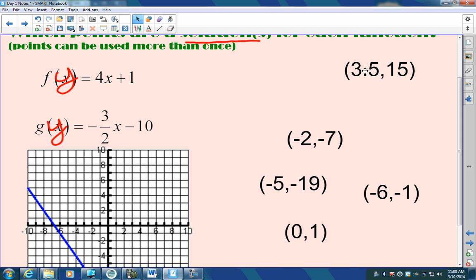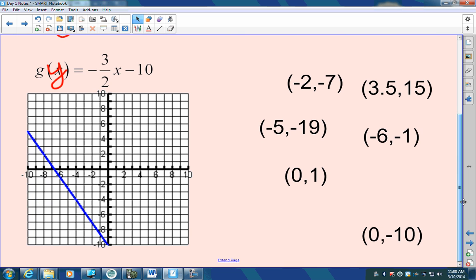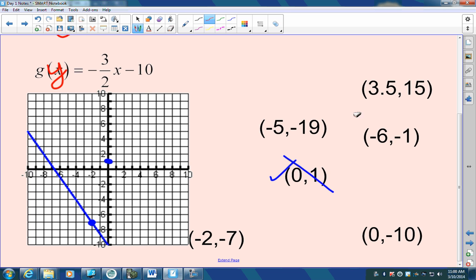If we had the graph, I would go over here to the graph, and, for example, if I want to check (0, 1), (0, 1) is right here. Is that dot on this line? No. So that would not be a solution. What about (-2, -7)? -2, down to -7, sure is. That one's on that line. What about (-6, -1)?